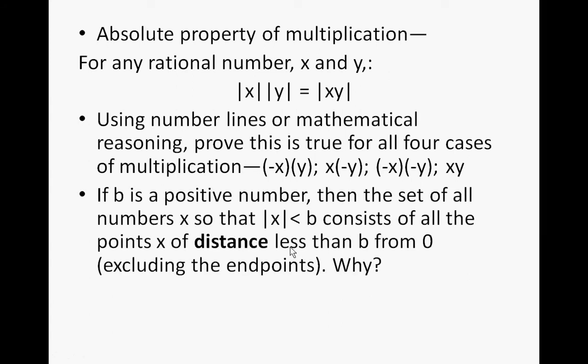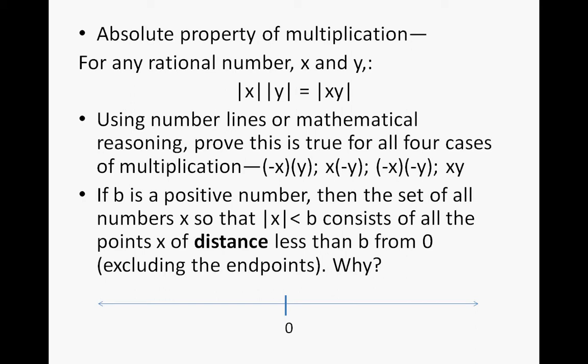So if b is a positive number, then the set of all numbers x so that the absolute value of x is less than b consists of all the points of a distance less than b from 0, excluding the endpoints. Now, why was that last statement made? Why are we excluding the endpoints? Here is a diagram of what this is showing.